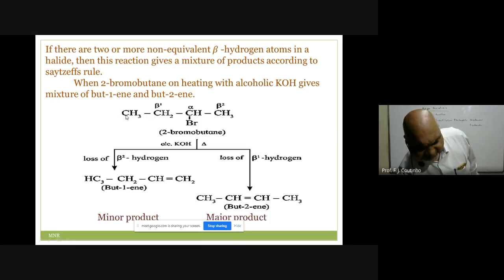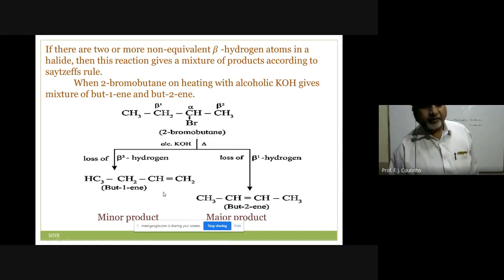What remains is CH3, which is here, CH2, there is no change, and CH, because Br and hydrogen are removed. So HBr is formed as a byproduct. Here CH remains single bonded to CH2. Now the valency of this carbon and this carbon is deficient by 1, so the double bond satisfies this valence, and here you get but-1-ene.